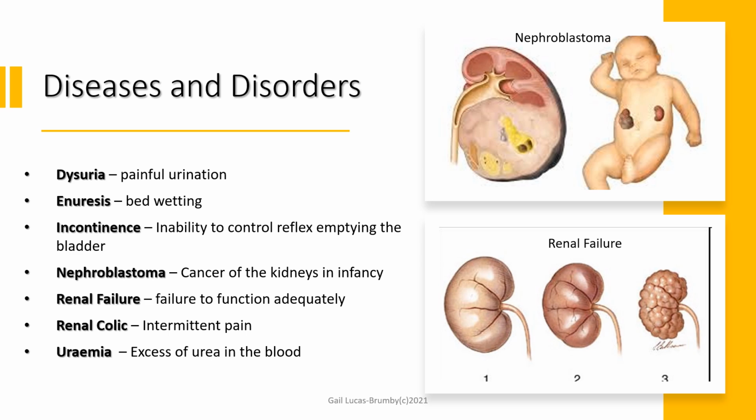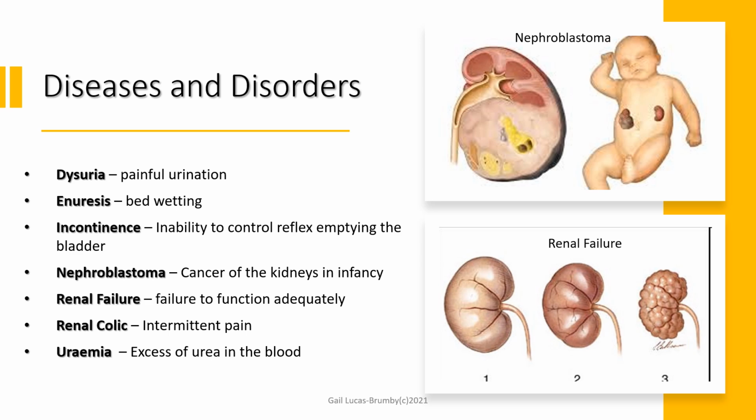Nephroblastoma is the name given to cancer of the kidneys in infancy, and the picture on the top right of the slide is an example of nephroblastoma. Renal failure is the name given to failure where the kidneys fail to function adequately. Renal, kidney failure, renal failure.